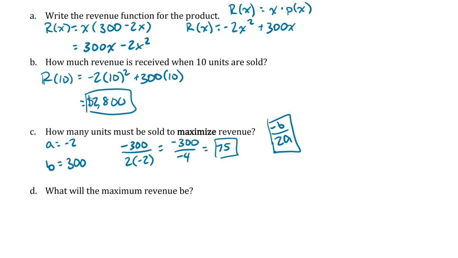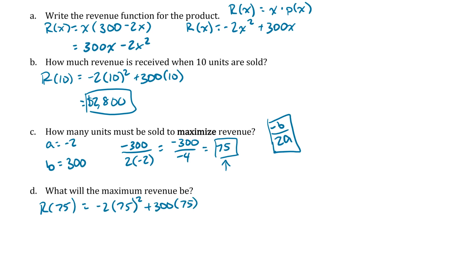For part D, what will the maximum revenue be? We just take the number of units that we know gives us the max and plug it in. So we're going to do R of 75. So for R of 75, it's going to be negative 2 times 75 squared plus 300 times 75.